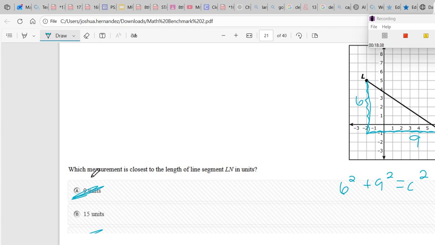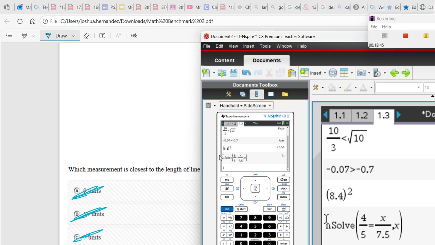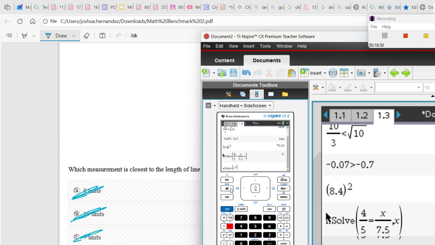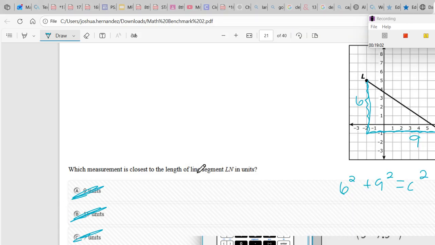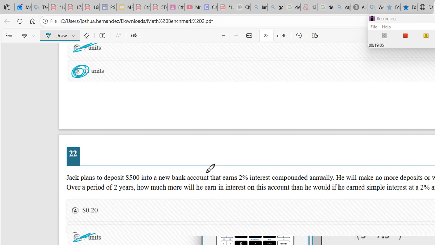Can't be that one. And you add 6 plus 9 to give you 15. I'll tell you it's definitely not that one because that's what they always do. You come back over here. Menu 3, 1. 6 squared plus 9 squared equals C squared, solve for C. About 10.8, about 11. See how easy that is? Really easy.